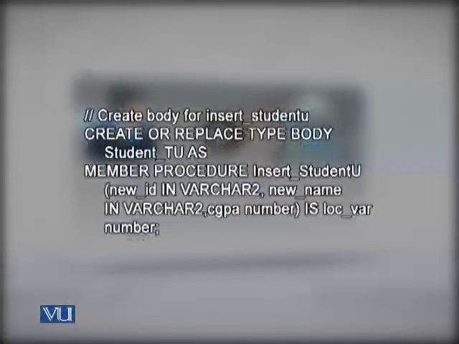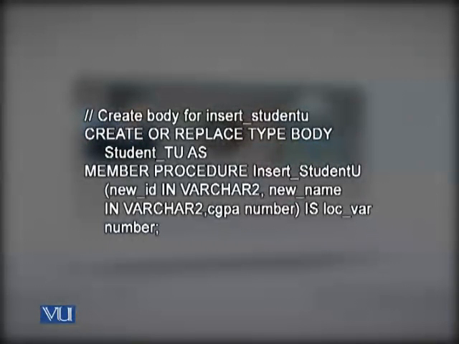So when we are inserting an object into the student table, we will basically be entering the data into 2 tables. Part of that goes into the person table, and some part goes into the student table.